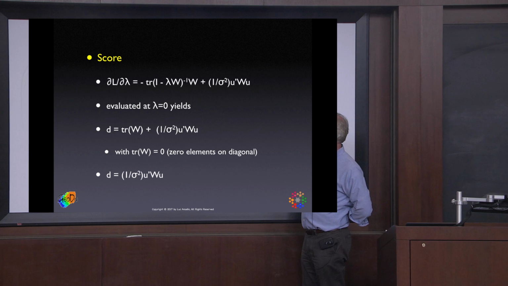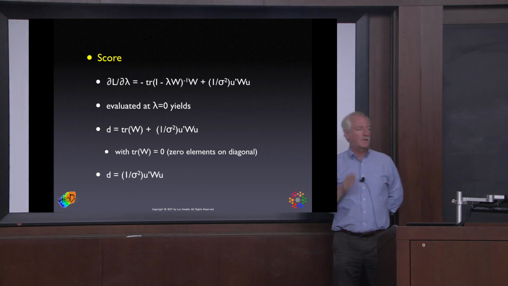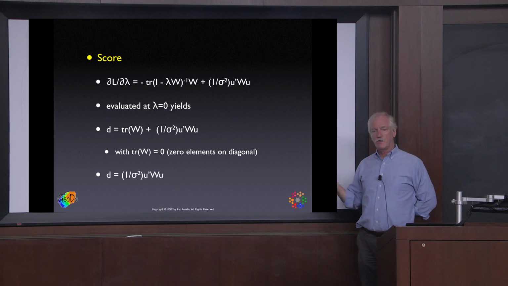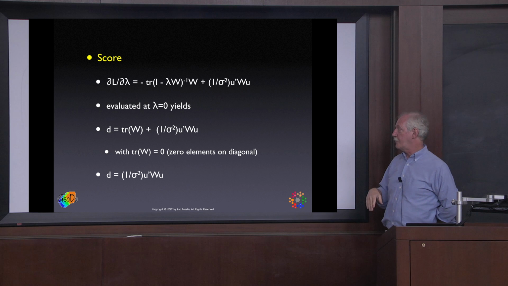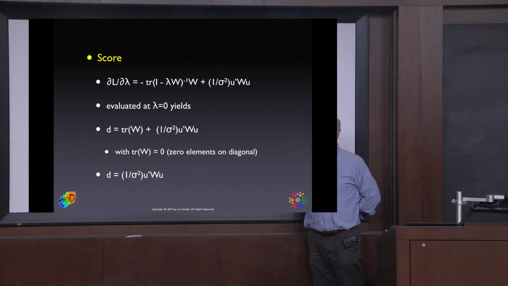So what happens in the first one, this whole inverse thing goes away because it's the trace of the identity matrix times W. So that's the trace of W. And lucky for us, the way we define W is that there are no self-neighbors, so the diagonals are all 0. So the trace is 0, goes away. So the only thing that's left is the second part.